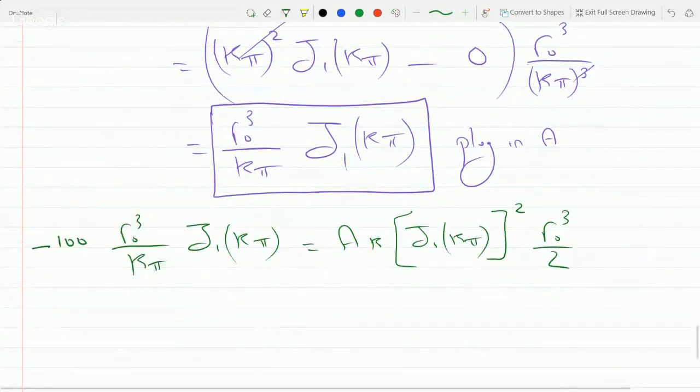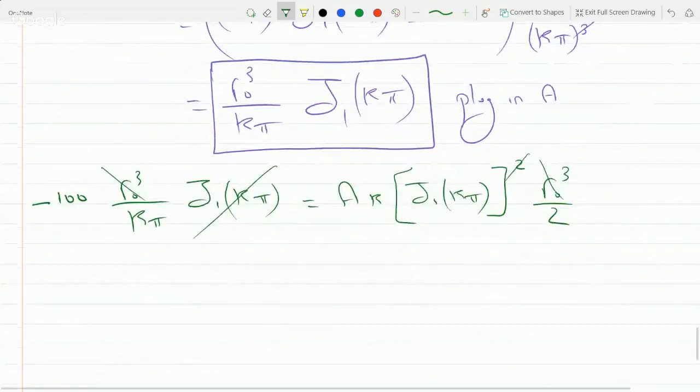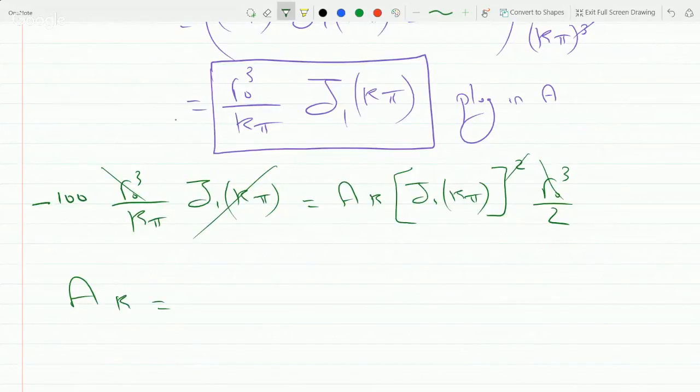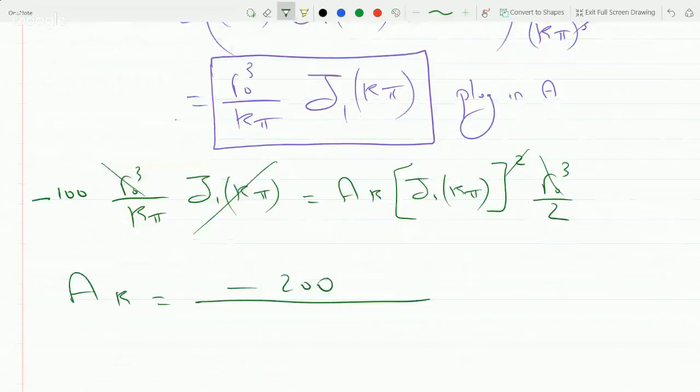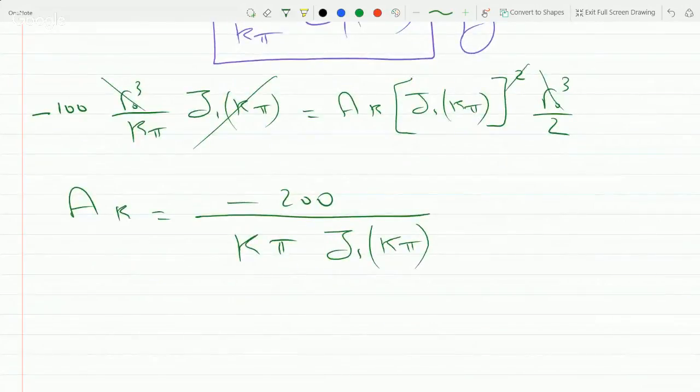And we could do some simplifying here. r0 cubed cancels r0 cubed, and we will get a_k to equal minus 200 over k pi times j1 of k pi. Okay, so we found a_k.